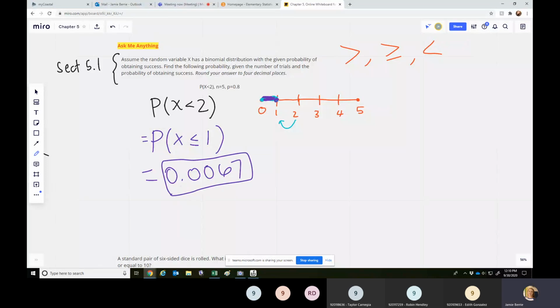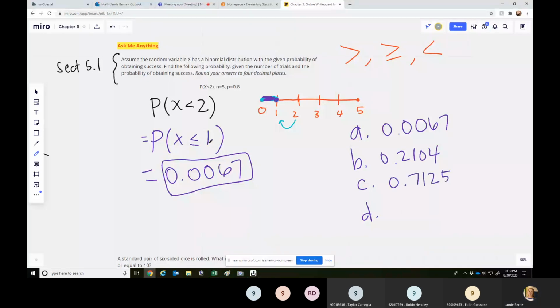Very, very small probability. And remember, this is a good way to eliminate answer choices on the quiz. Imagine this is a multiple choice quiz, and here are some examples of answer choices I might put in. I'm just going to make up some numbers.